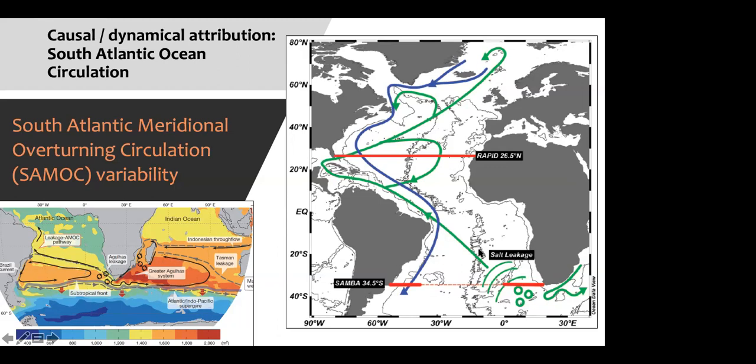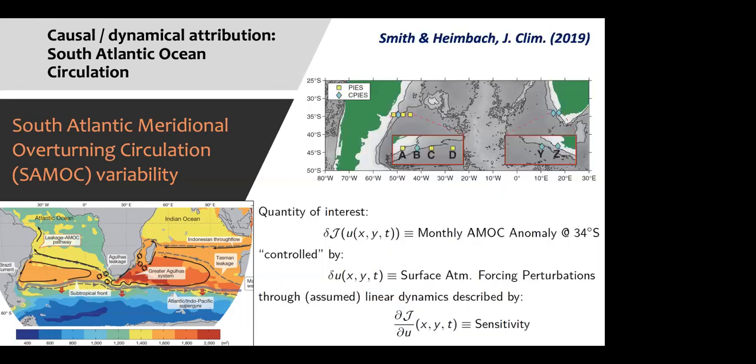And so what we're interested in here is the transport at 34 South. It varies, of course, on seasonal timescales, but it also varies on interannual timescales. And we are interested in what the drivers of this transport anomaly are.